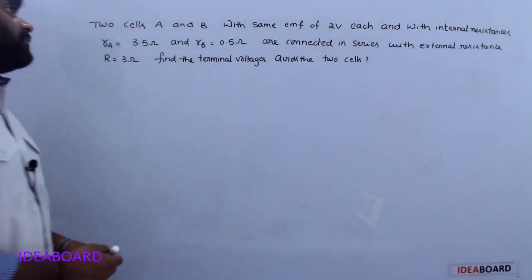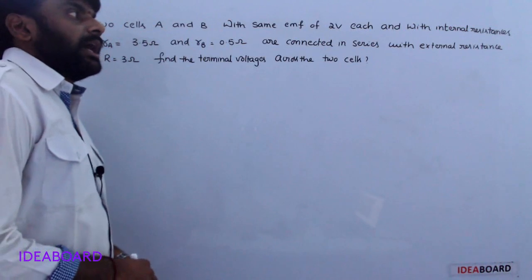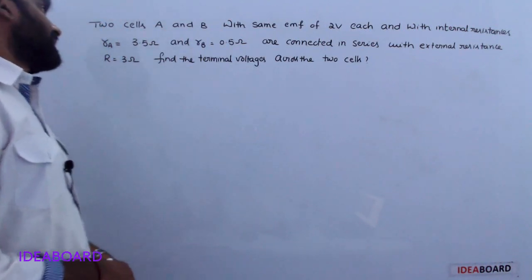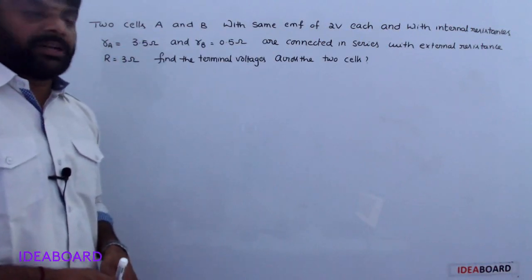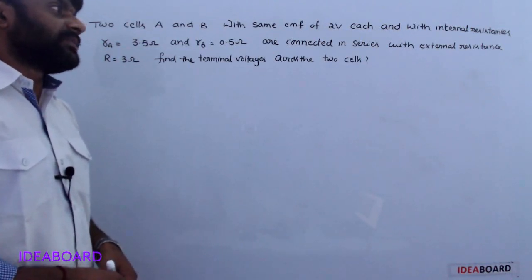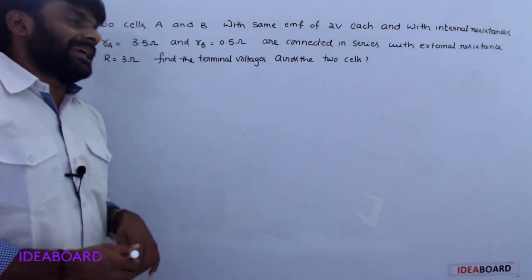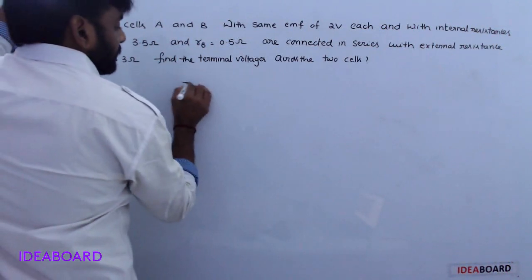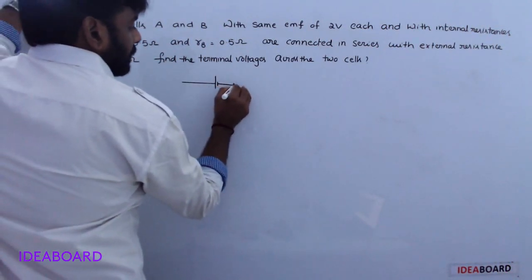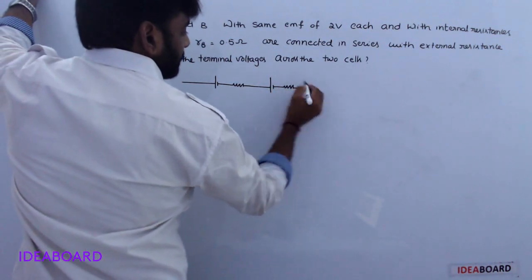One problem: two cells A and B with the same EMF of 2 volt each and with internal resistances r_A 3.5 ohm and r_B 0.5 ohm are connected in series with external resistance 3 ohm. Find the terminal voltages across the two cells. See the diagram. First cell, second cell.